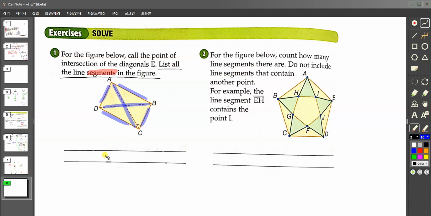Okay, would you please write down each segment by its proper expression? AD, AB, CD, CB, AC, DB. There are 6 segments in the figure.